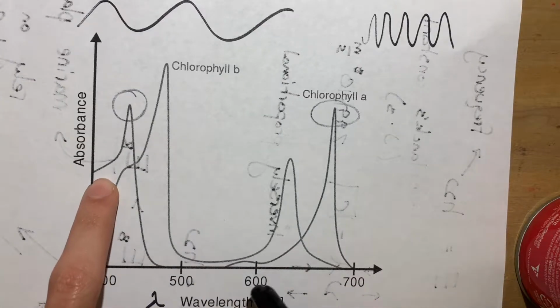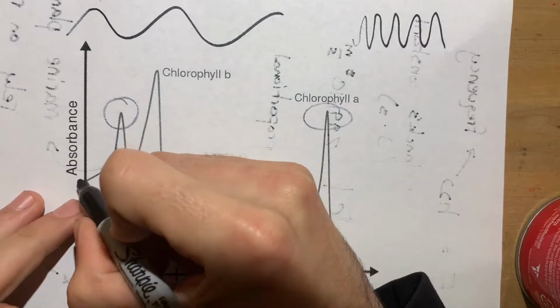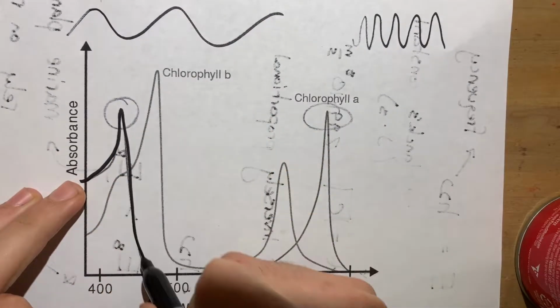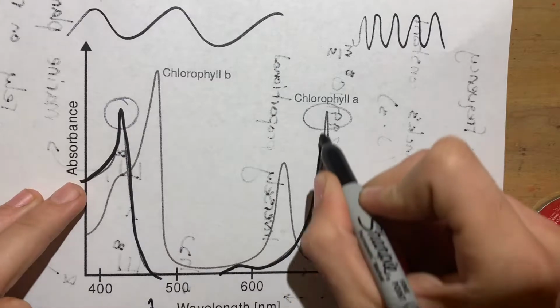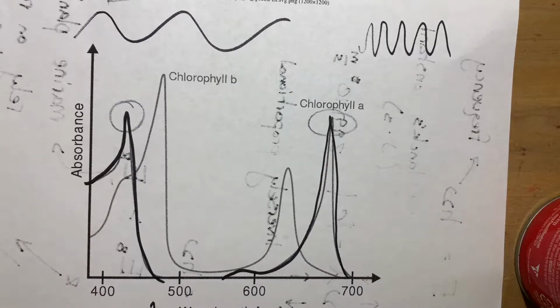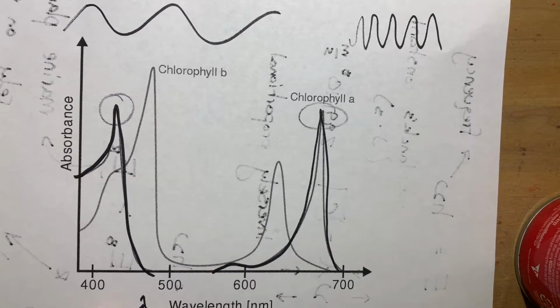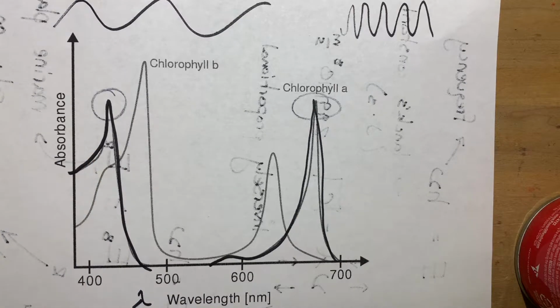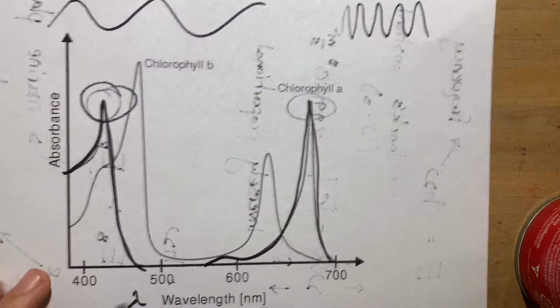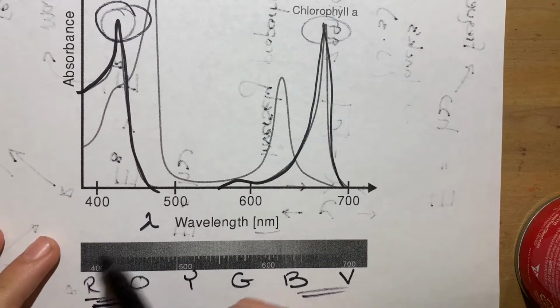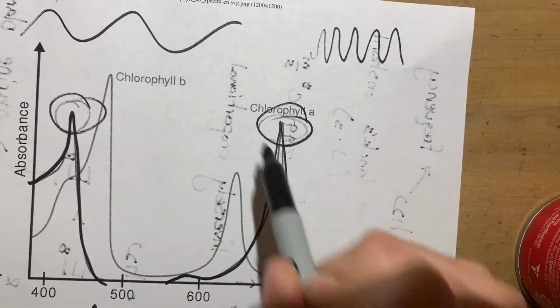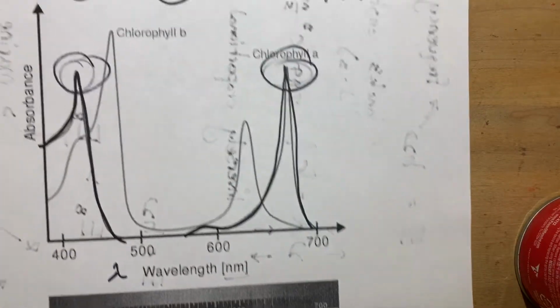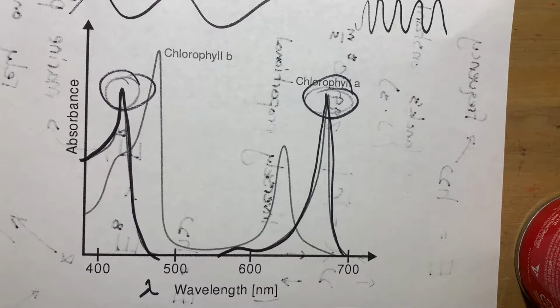And this first line right here that I am sharpening over, that is for chlorophyll A. And chlorophyll A is the main participant in photosynthesis. And again, we're noting that the maxes are at the red-orange section and the blue-violet section of the visible spectrum.